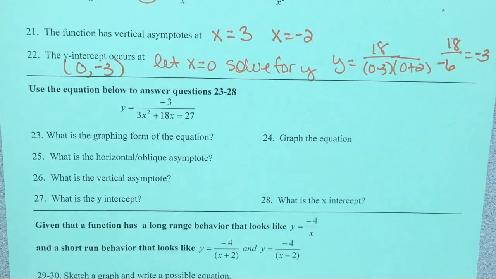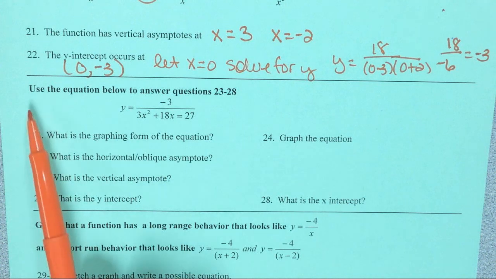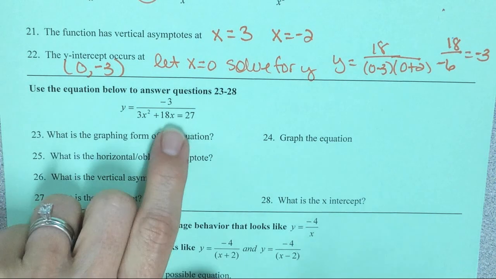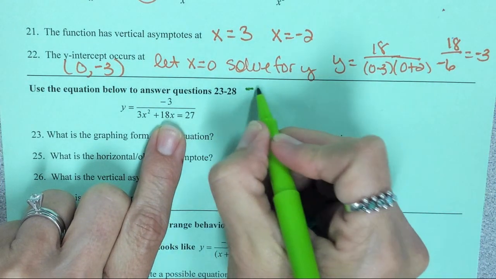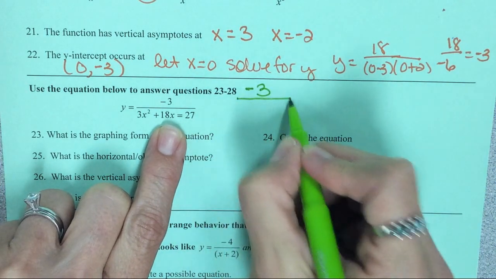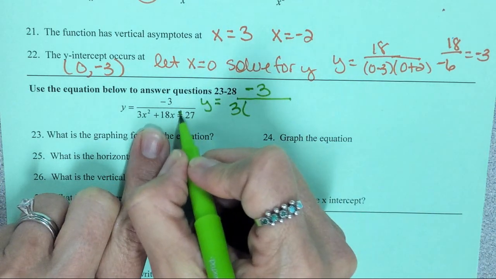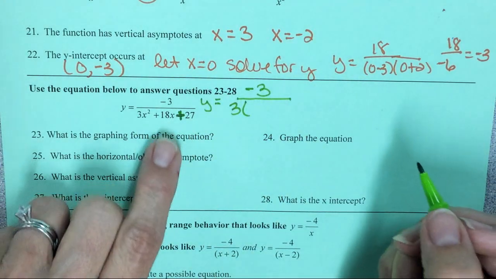On 23 through 28, it says use the equation below to answer the questions. What is the graphing form of the equation? Well, if they give you one that can be factored, you're going to start by factoring, and I can factor down here on the bottom. So on the top I have a negative 3. On the bottom I'm going to pull out my GCF. I corrected this in class. That should be a plus 27.